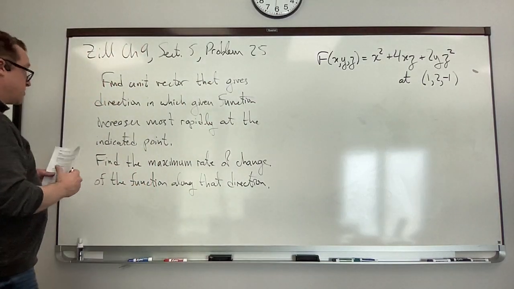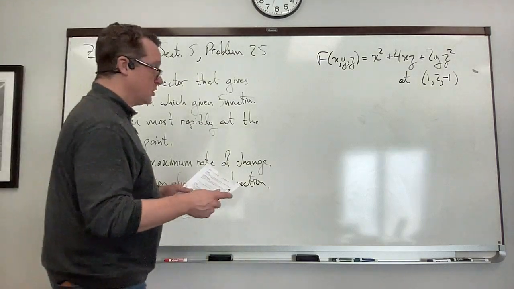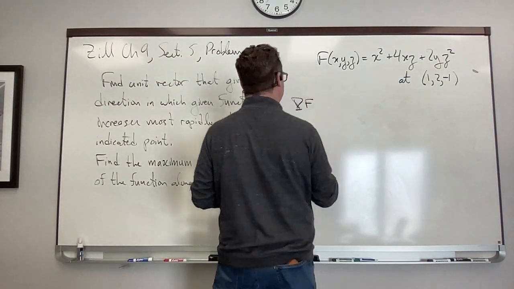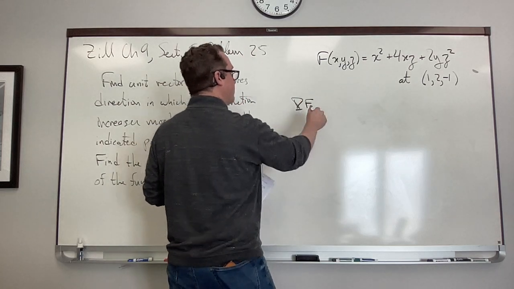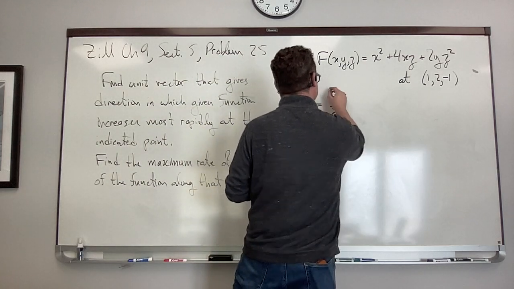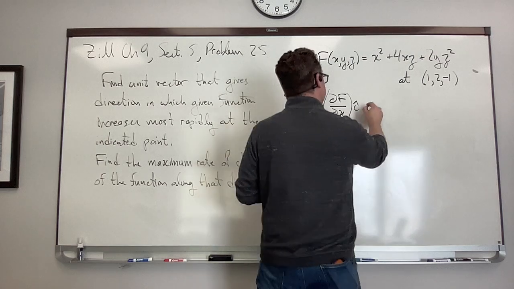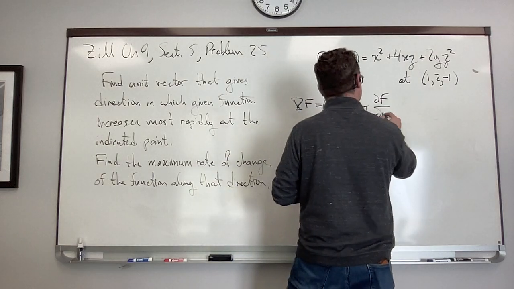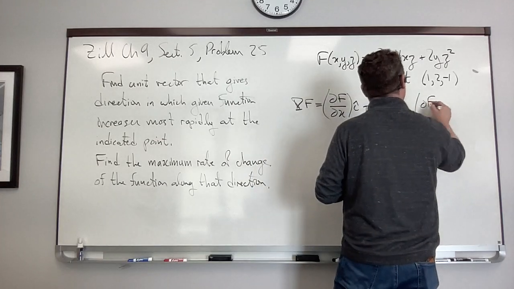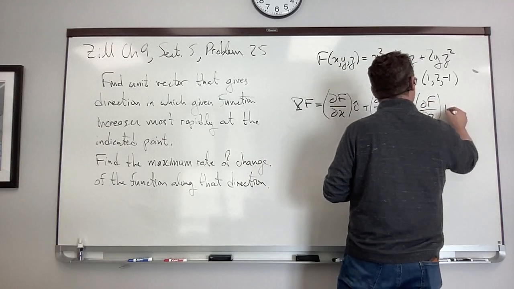So the first thing we're going to do is calculate the gradient of this f. The gradient of f in general, and it's not vector f, it's the gradient of f, is the derivative of f with respect to x, i, plus the derivative of f with respect to y, j, plus the derivative of f with respect to z, k.